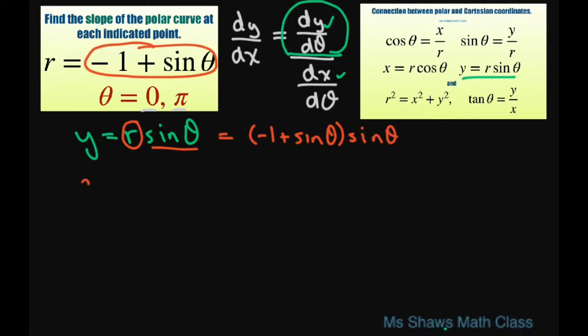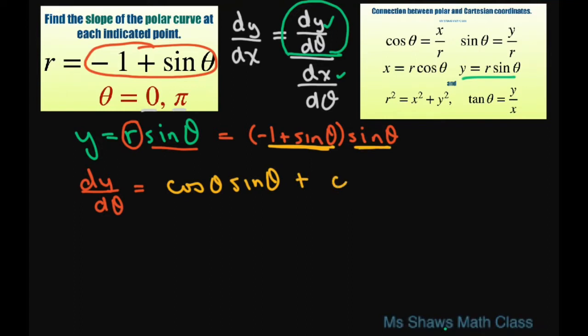Okay, so let's differentiate our y with respect to theta. Let's go ahead and differentiate the first term. That's just going to be cosine of theta times sine of theta, plus, let's differentiate sine of theta, which is cosine of theta, times -1 plus sine of theta. Let's simplify.